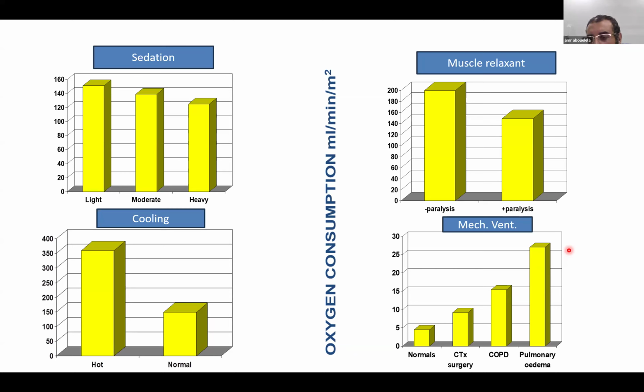Shock per se is one of the respiratory failure categories, and I'm talking of course about patients with profound shock who really need support by mechanical ventilation, which is one of the tools to reduce the oxygen consumption and to maintain the balance between the oxygen delivery and the oxygen consumption.